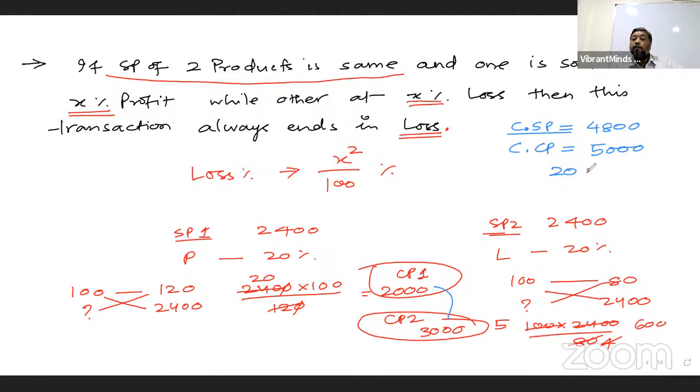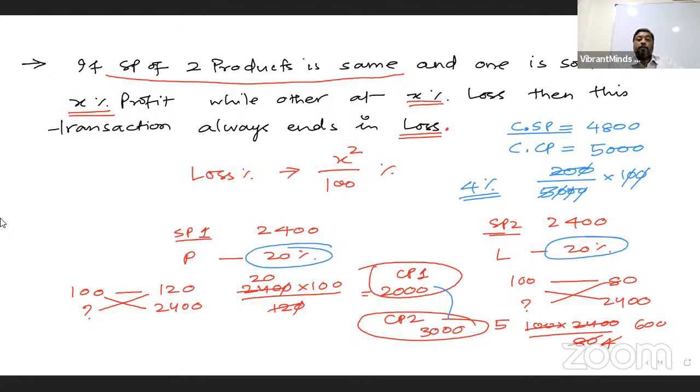Loss of 200 on investment of 5,000. So that gives a 4% loss.